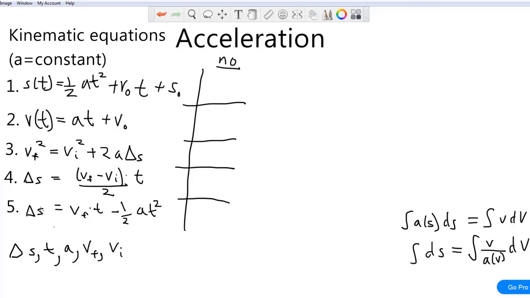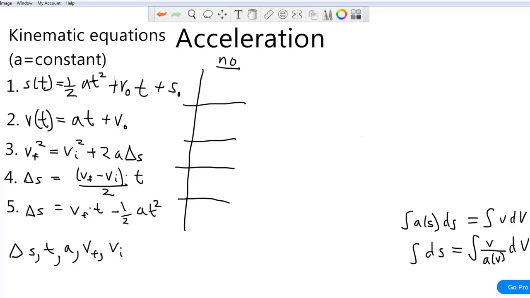If you look at all 5 of these, because there's 5 of these anyways, you can see that each equation has one that's missing. And that's always the key to doing this. So all you have to do is ask, what do I need to solve for, and what is not given? What's not given, and not what you're trying to solve for, you want to use that equation then.